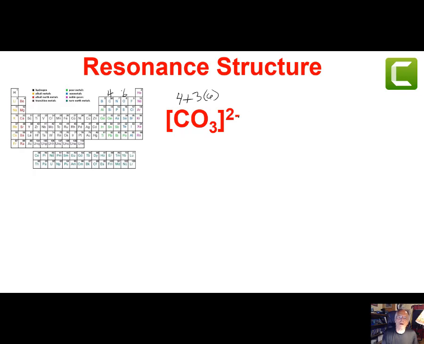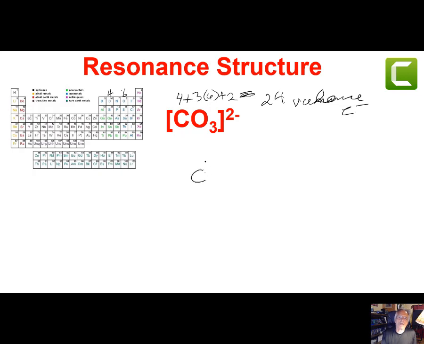And because of this 2 minus charge, we have 2 extra electrons, so we have to add 2 electrons. So that's going to be 3 times 6, which is 18, plus 2 is 20, plus 4 is 24 valence electrons. All right, central atom is carbon.